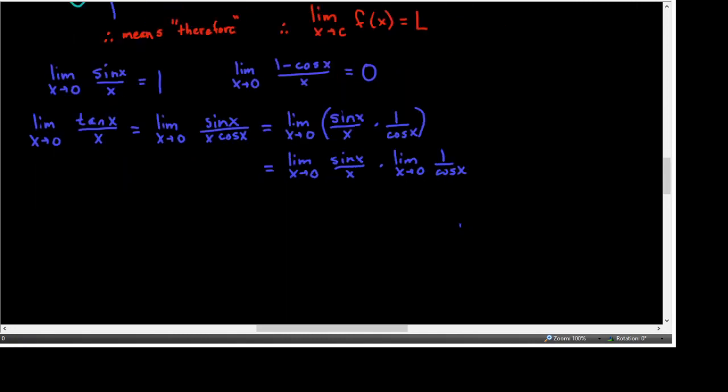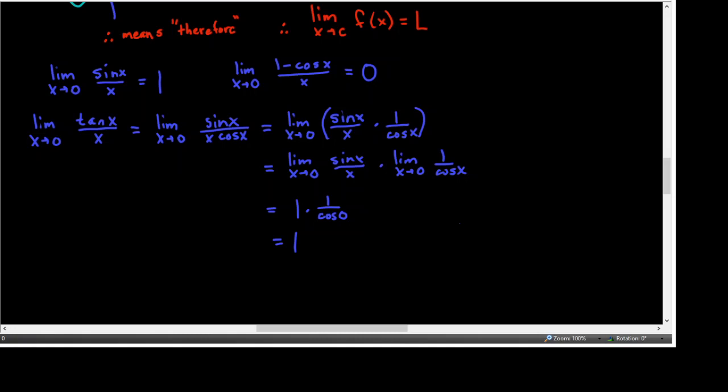And according to the theorem that we just found out, the value of that first limit is going to be 1. And then let's try substitution. Cosine of 0 is 1. 1 over 1 is 1. 1 times 1 is, of course, 1.